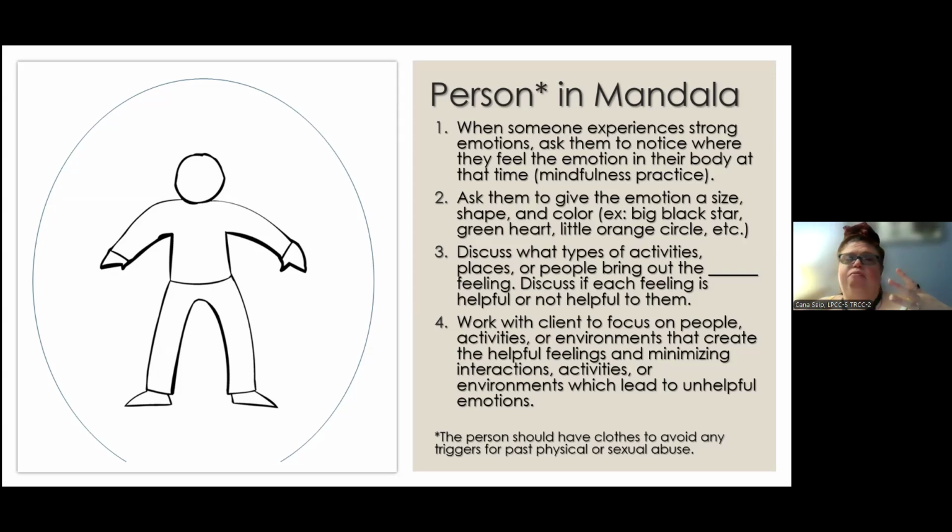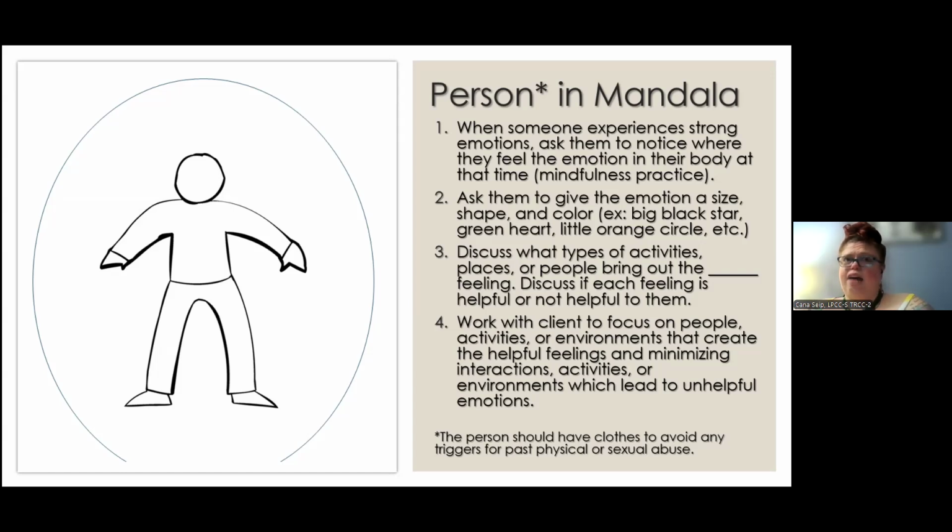Borderline is a diagnosis that involves a lot of strong emotions, usually anger. And again, anger is a secondary emotion. It's usually covering up sadness or fear, particularly about abandonment. So when someone has a strong emotion, to begin this process, we ask them to notice where in their body they feel the emotion.